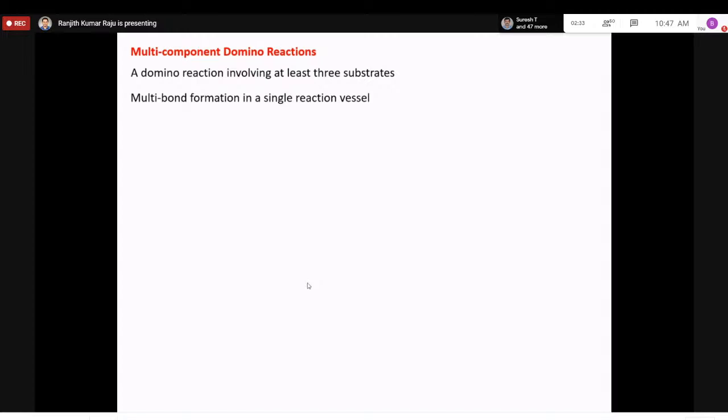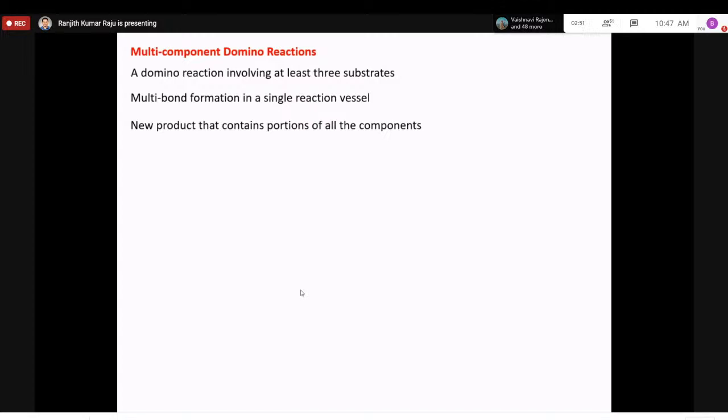Now if you have more than two, those reactions come under the category of multi-component domino reactions. So a domino reaction involving at least three substrates. Here the multi-bond formation in a single vessel occurs, and the product will have the components of all the reactants. If the product is devoid of any one of the components, you can't say it is a multi-component reaction.